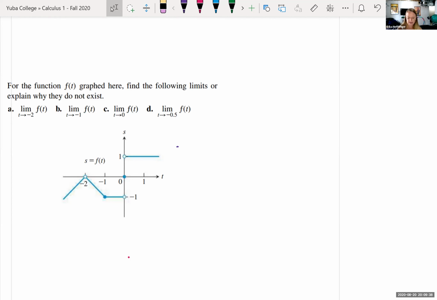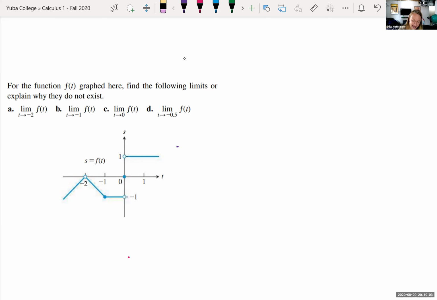In order to show that a limit exists, you need to show that when you're coming in from the left-hand side on the graph, as you get closer and closer to that a value, you're getting to the same y value as if you were approaching it from the other side of the x value. Remember how I said left or right?